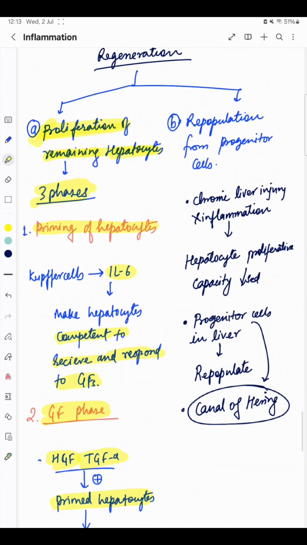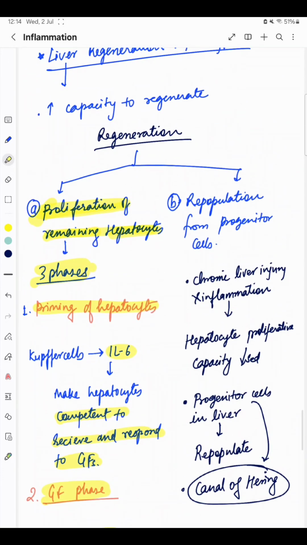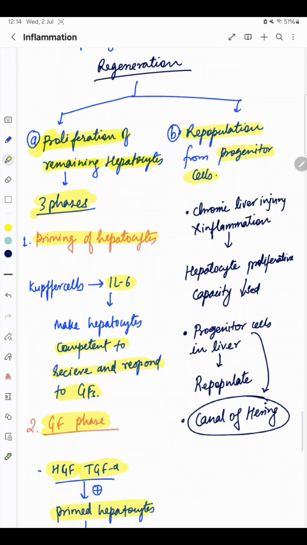On the other hand, regeneration can take place by repopulation of hepatocytes from progenitor cells. In chronic liver injury and inflammation, hepatocyte proliferative capacity usually decreases very severely and they cannot regenerate.